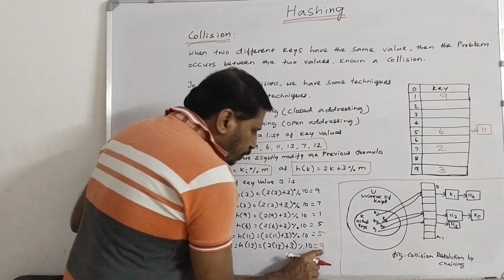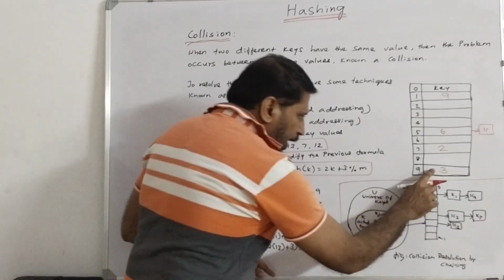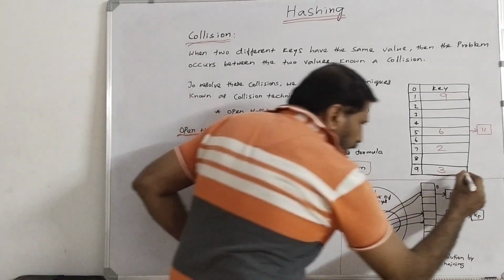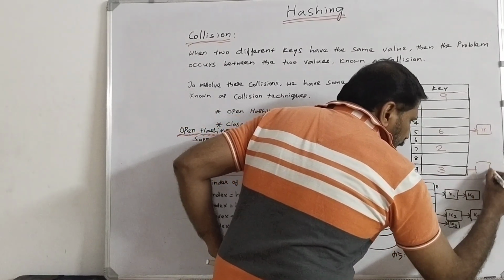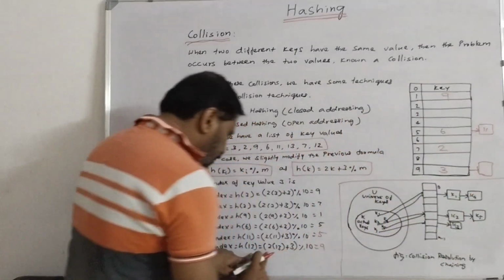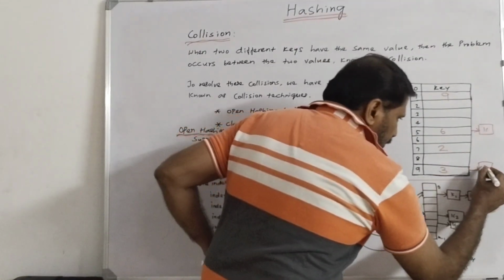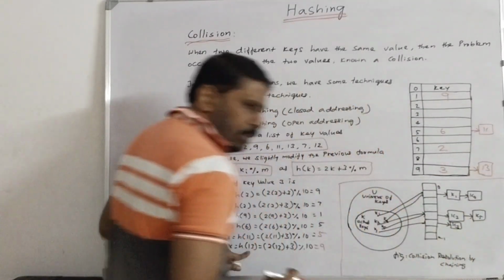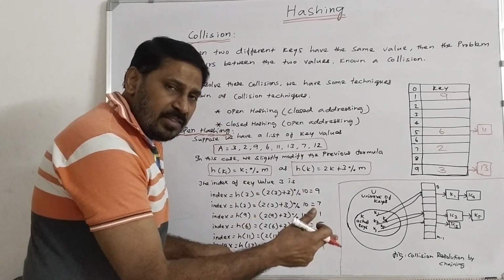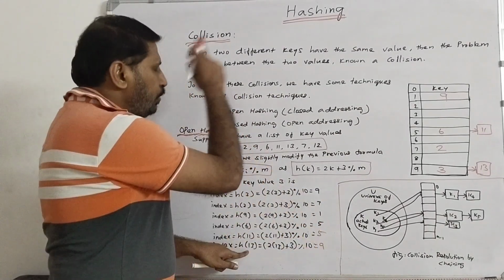So I go to index 9, create a chain there, make a new memory address in that chain, and store the number 13 there. So through this method I am overcoming the collision problem.